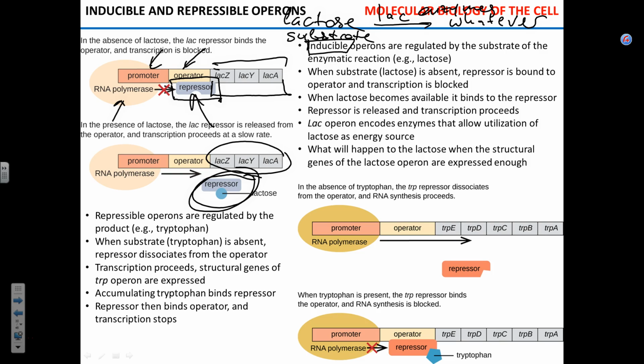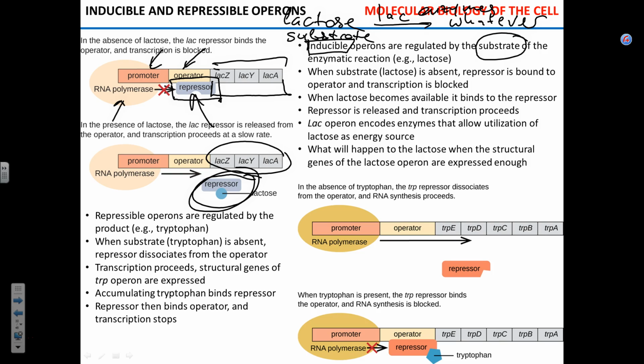So inducible operons are controlled via the substrate of enzymatic reaction. When substrate is high, operon is induced, the products of the gene expression reduce the amount of substrate, operon shuts down.